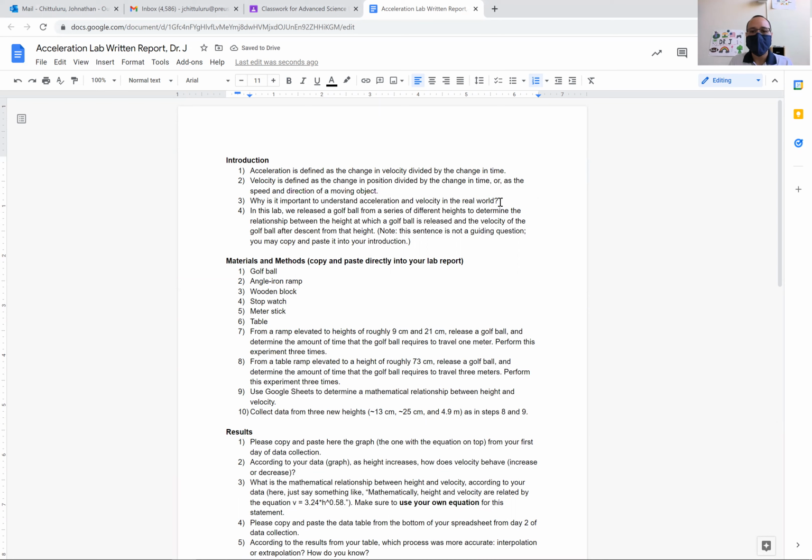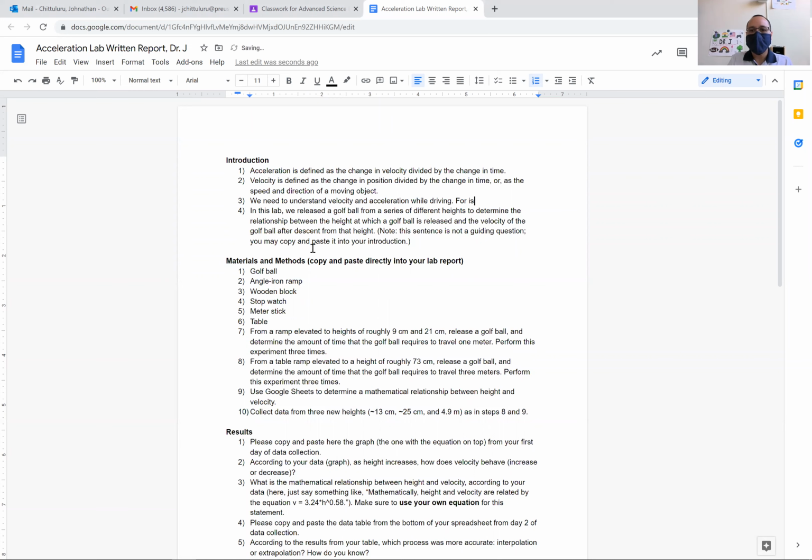All right, why is it important to understand velocity and acceleration in the real world? We need to understand velocity and acceleration while driving.